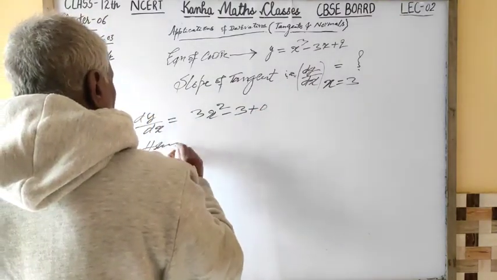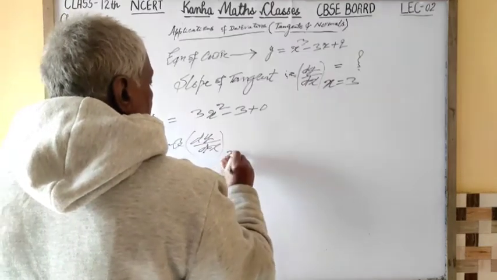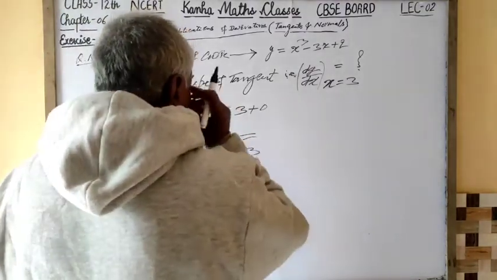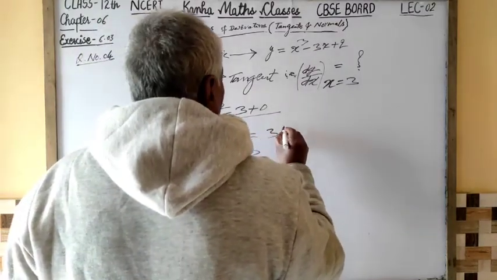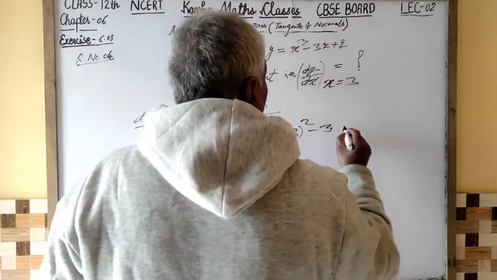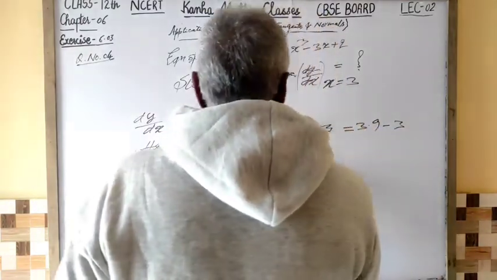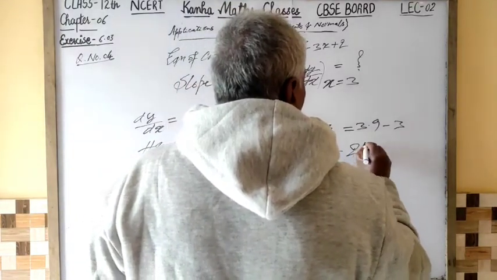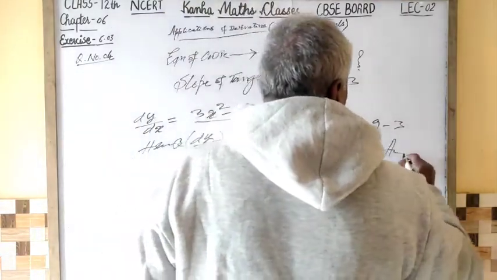Hence dy by dx at the point x is equal to 3 will be given by substituting the value of x by 3 in this equation, that is 3 into 3 square minus 3, that is 3 into 9 minus 3, that is 27 minus 3, that is equal to 24. This is the slope of the requisite tangent and the answer of question number 4.